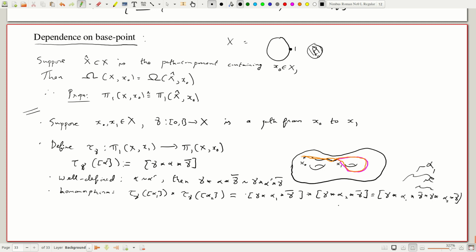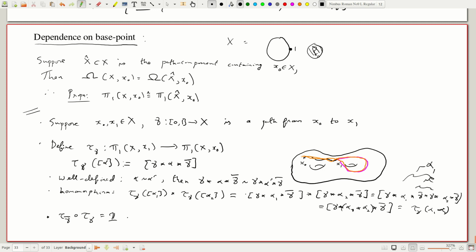So this is simply the class of gamma star alpha 1 star alpha 2 star gamma bar, and I have just been ignoring parentheses because I can put them anyhow. This is tau gamma of alpha 1 star alpha 2. So this is a homomorphism.